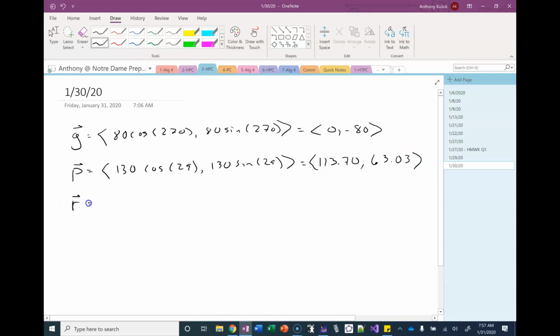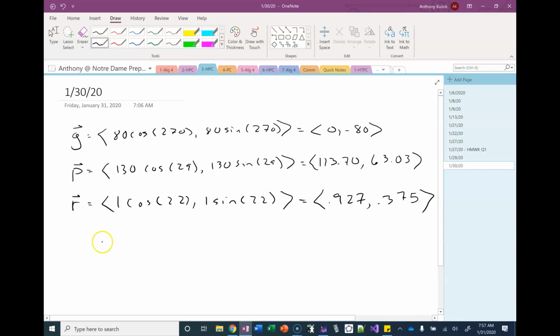And then I have my ramp vector, which is going to be 1 cosine 22, 1 sine 22. So when I type that into the calculator, we get 0.927 and then 0.375. Okay?